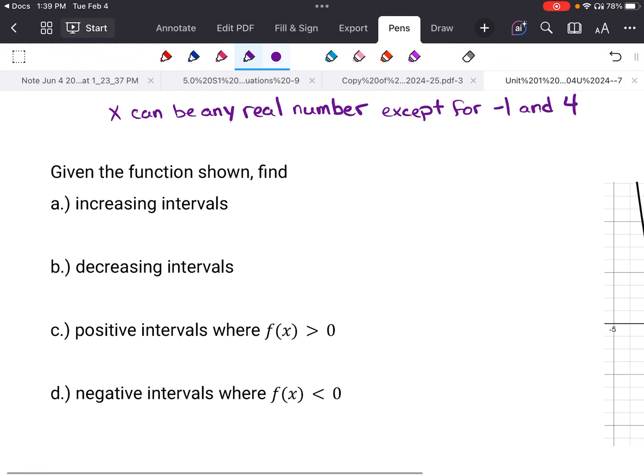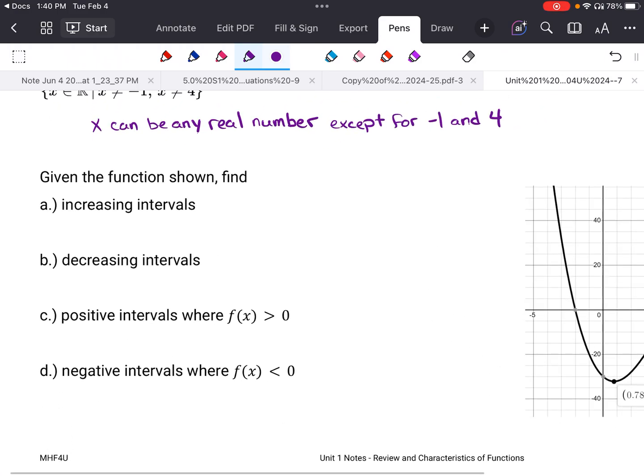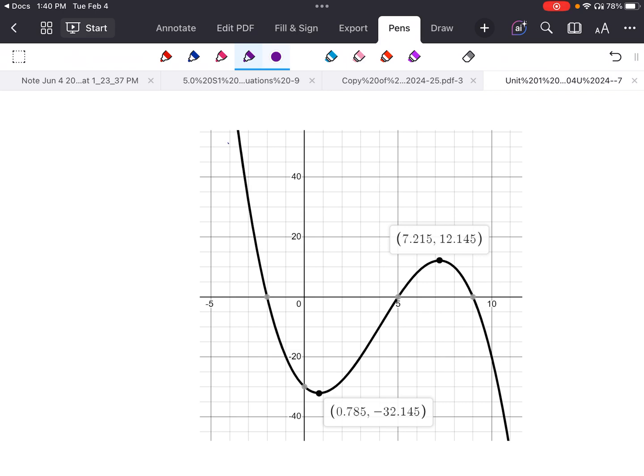Okay, given the function shown, so in the graph, we are going to find increasing intervals. So intervals is going to be brackets. Where is it increasing? So that means if we were to draw slope lines, so like the first part has a line that kind of goes like this, that is a negative slope. Then it turns into a positive slope and then back into a negative slope.